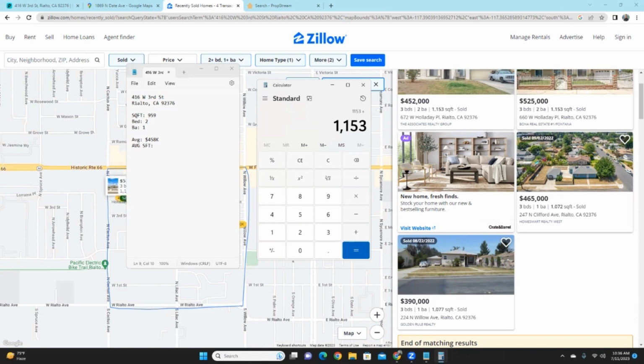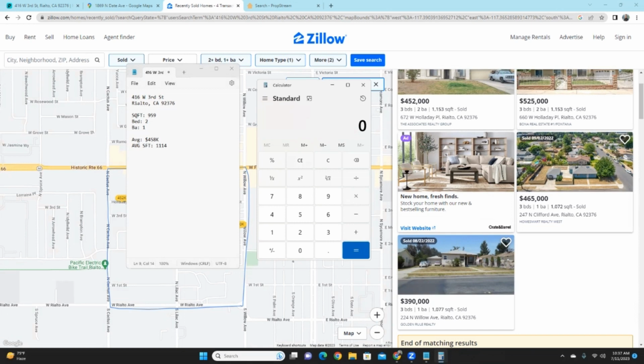Plus, same exact setup, 1072. And this one's 1077, equals, divided by 4. So this was an average square footage of 1,100 and let's say 14, right?